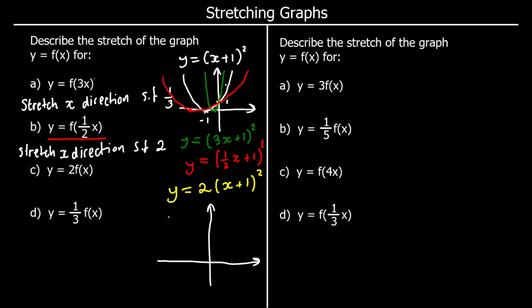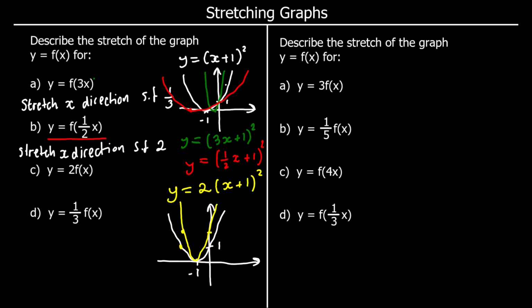Our original went through minus 1 and 1. If we double all the y, it's going to go through 2 instead of 1. The x's stay the same, and all the y's are doubled. It's going to be twice as high. Each point will be twice as high as it was before.